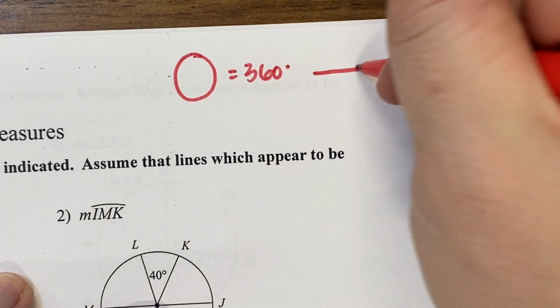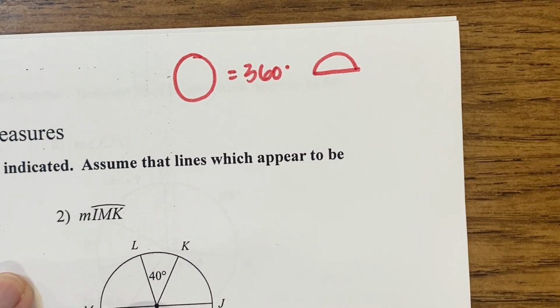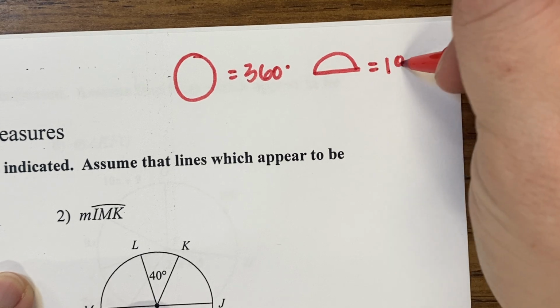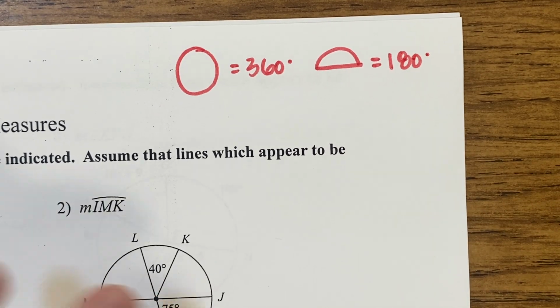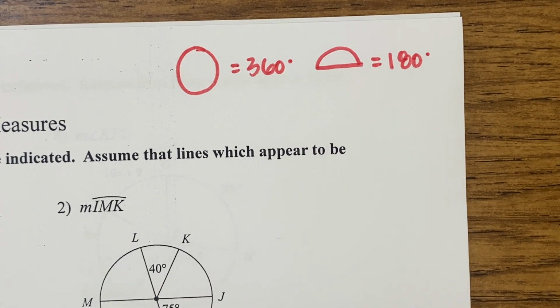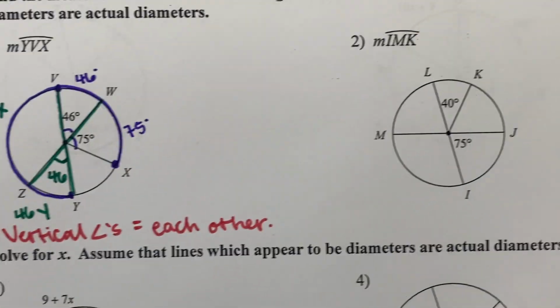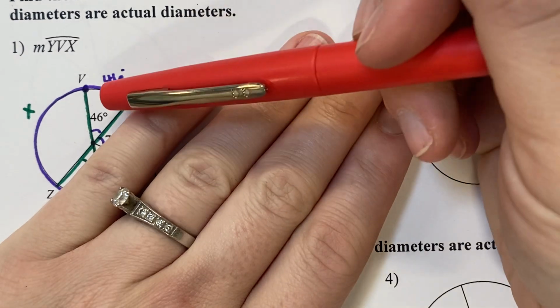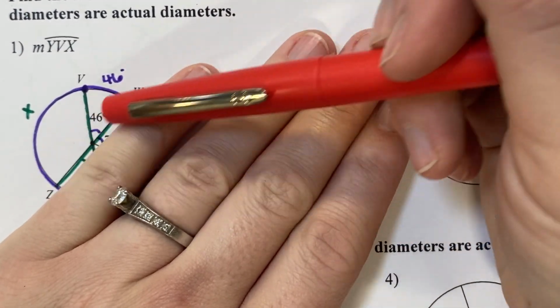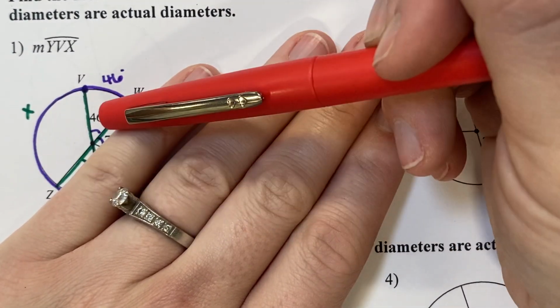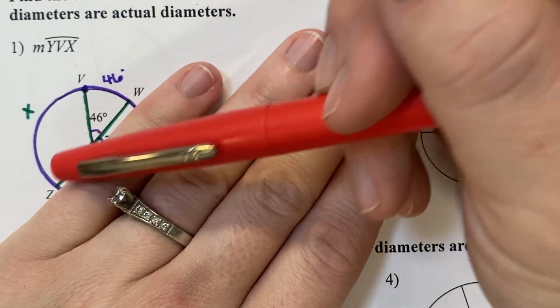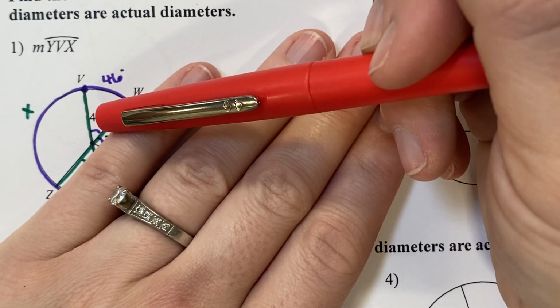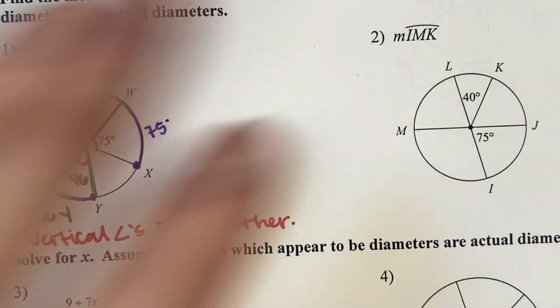That means that half the circle, a semicircle, is equal to 180 degrees, which is half of 360. We can use this information by only looking at half. If this whole half is 180, that means it's 180 take away 46, which will give us X.